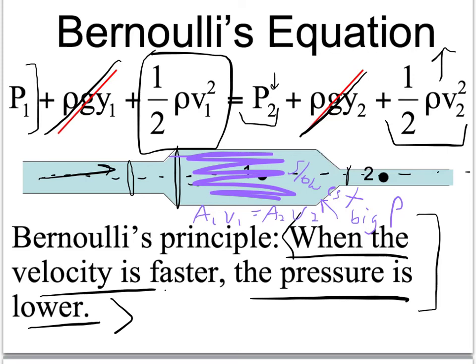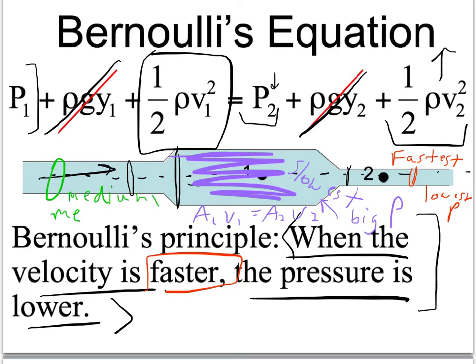Over on the right, we have the smallest cross-sectional area, meaning this is where the fluid is the fastest. For pressure, fast velocity means low pressure, so this would be the lowest pressure. And then over here on the left, this cross-sectional area is somewhere between the other two, so it would be a medium speed with a medium pressure.